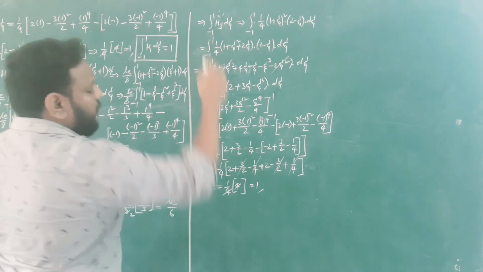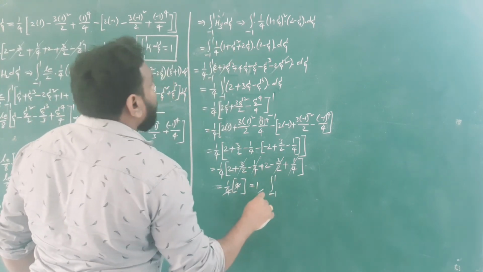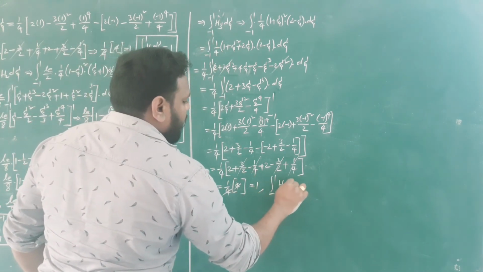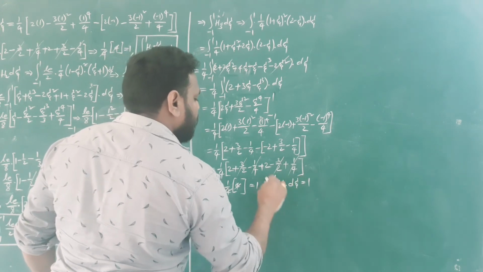That means the integral from minus 1 to 1 of h3 dj is 1.